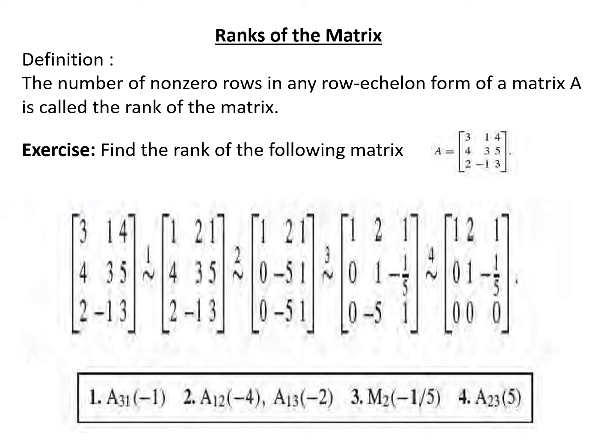In order to get zeros below key element 1, we apply two addition operations. First we multiply row number 1 by minus 4 and add it to row number 2. So if you multiply row number 1 by minus 4, we obtain minus 4, minus 8, minus 4.